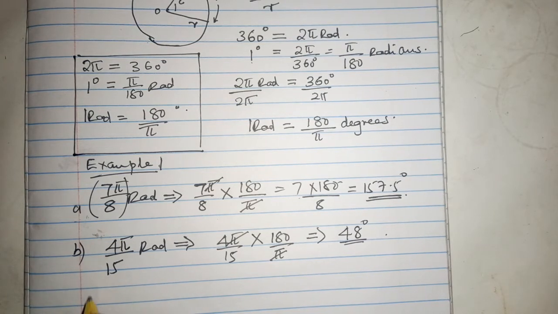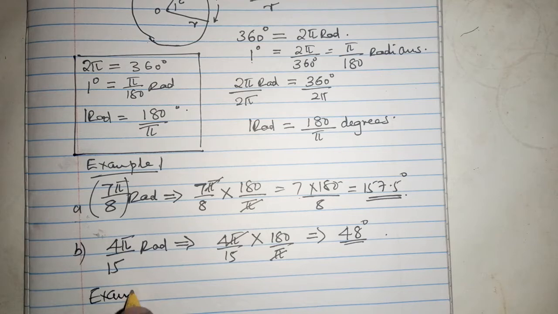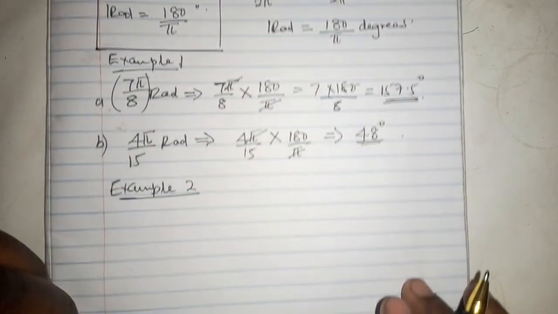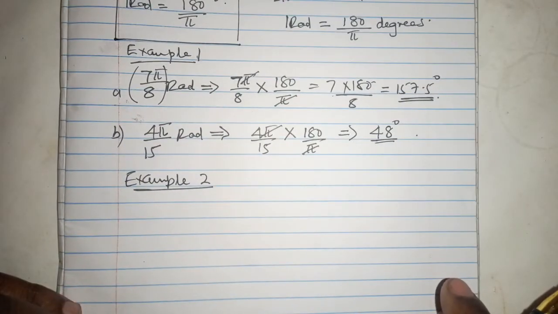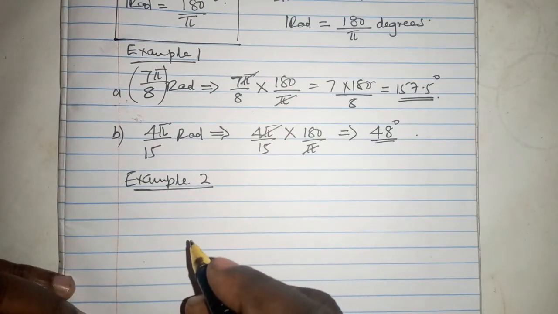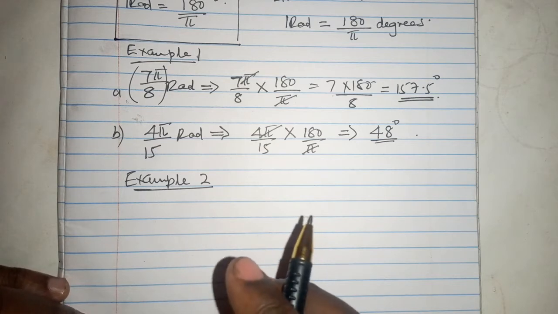Let us look at example 2 in the same video, because the two examples are more or less talking about the same thing. Convert the following angles into radians, leaving your answer in terms of pi.